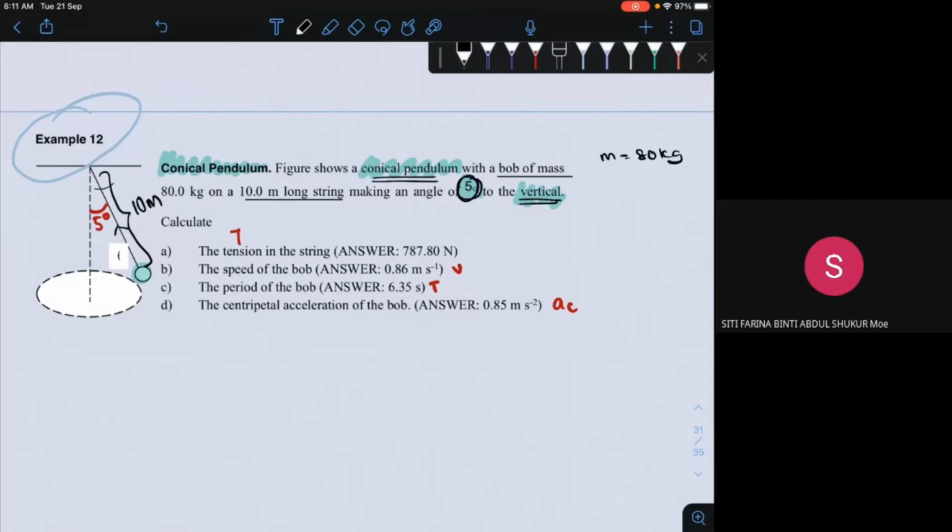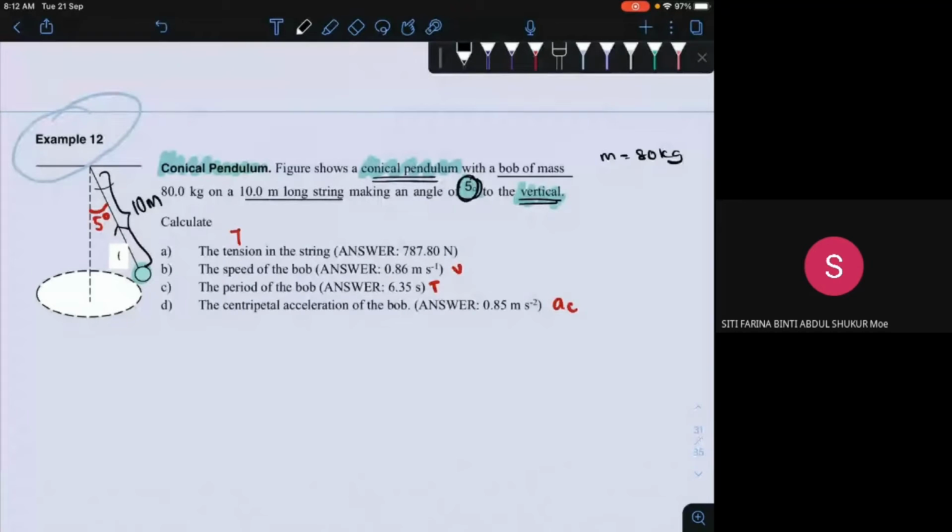So you must identify what type of forces is causing your object to make that centripetal force itu. Untuk itu, kita kena identify dulu direction of centripetal acceleration dan juga direction of the centripetal force. Supaya kita boleh tentukan force mana yang menyebabkan objek kita untuk bergerak dalam circular motion itu.